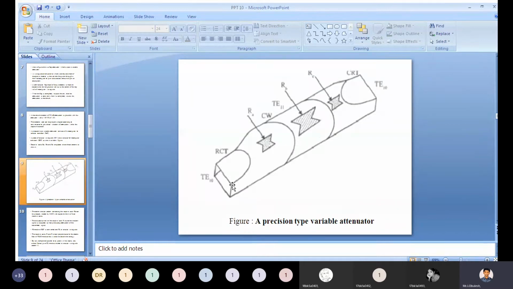The resistive chord RA is kept perpendicular to the electric field of this TE10 mode, so that it does not absorb the energy, but any component parallel to its plane will be readily absorbed.